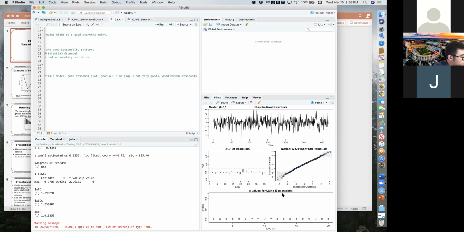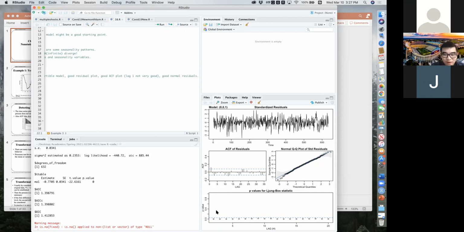These are the p-values for the lags. The blue line is 0.05, which is the cutoff line for the hypothesis testing.